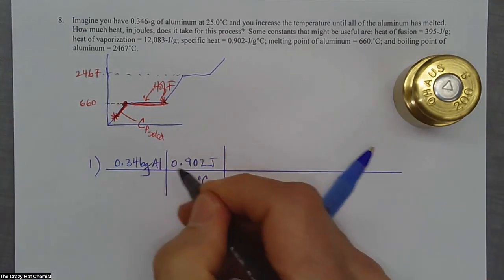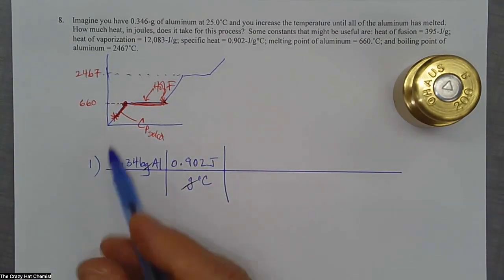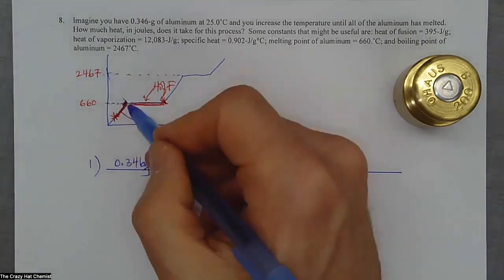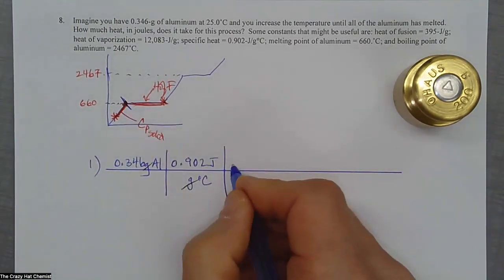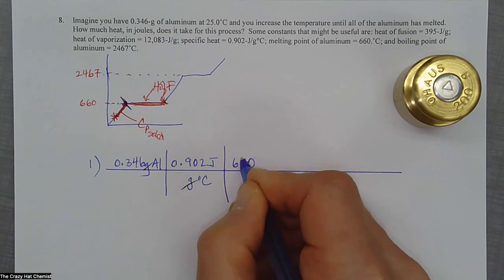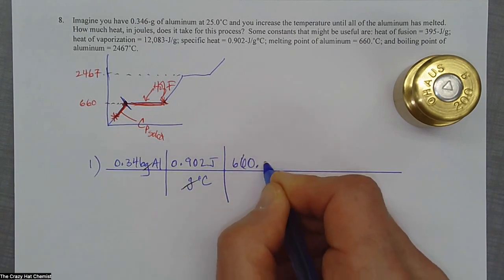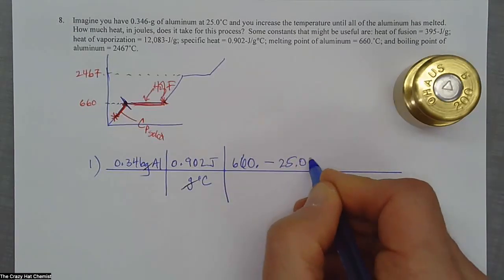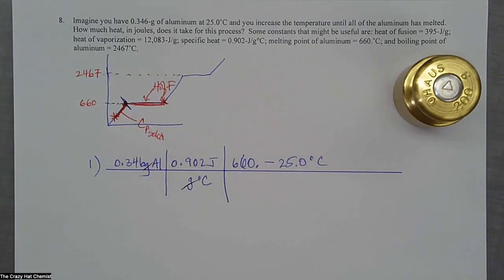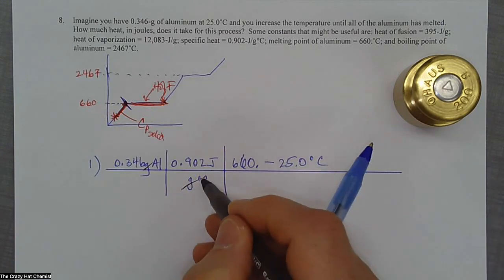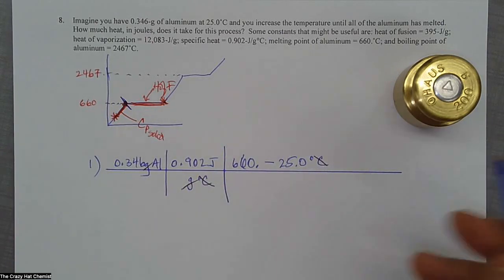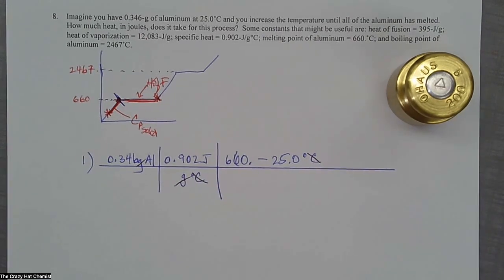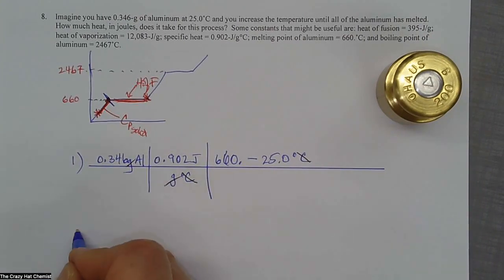That cancels out my grams. And the final temperature for this segment is 660.0, there was a decimal right there, minus the initial temperature, which was 25.0 degrees Celsius. And that will enable me to cancel out my degrees Celsius terms, and I will be left with joules for this. And then step number 2.